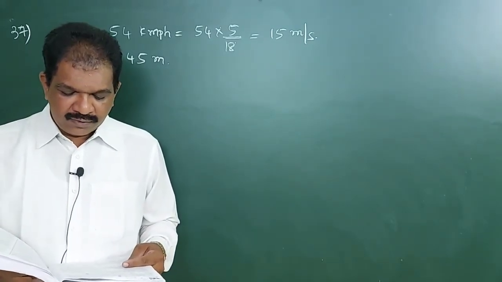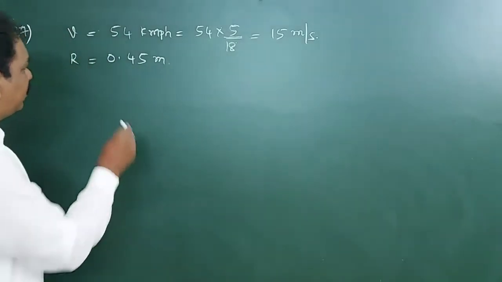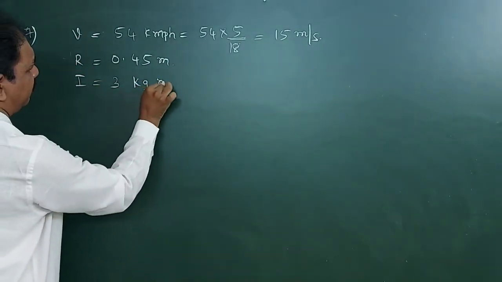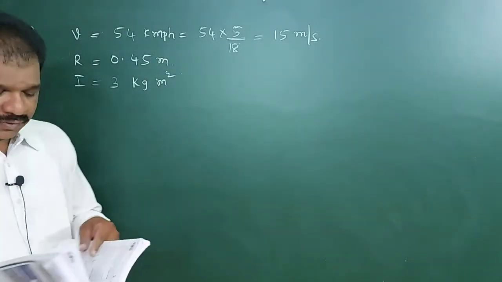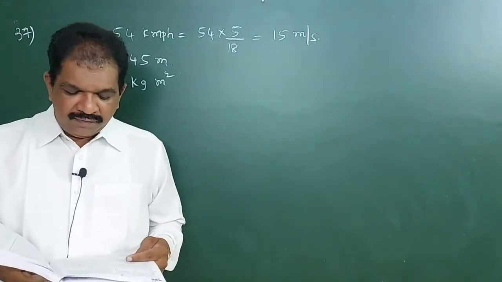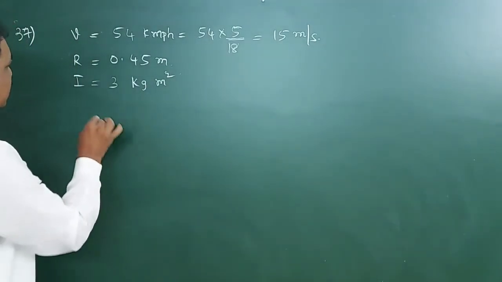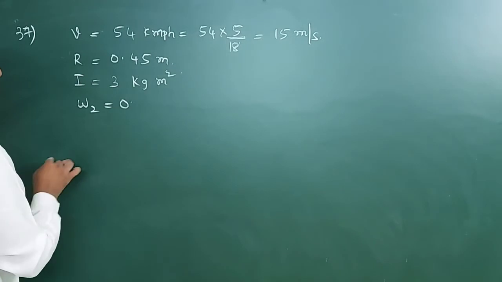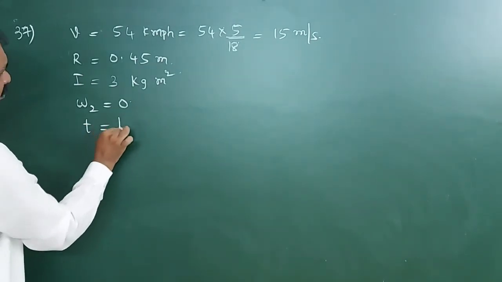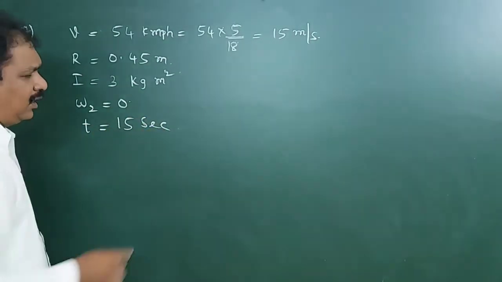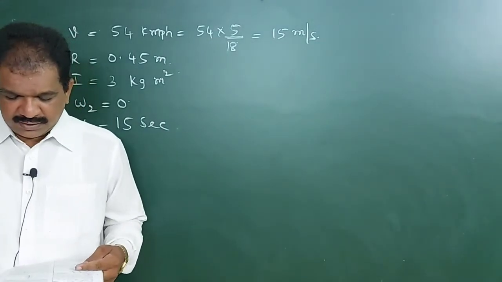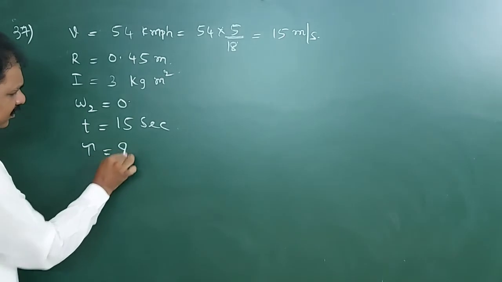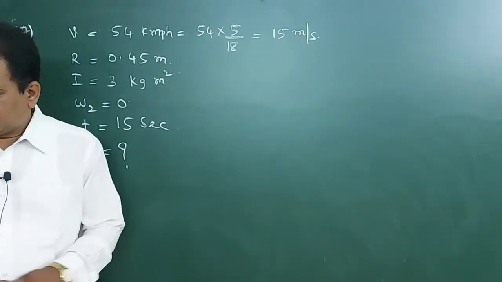Its moment of inertia will be 3 kg meter square. The wheel is brought to rest. Final angular velocity will be 0 in a time of 15 seconds. Then find the torque required to stop that vehicle.